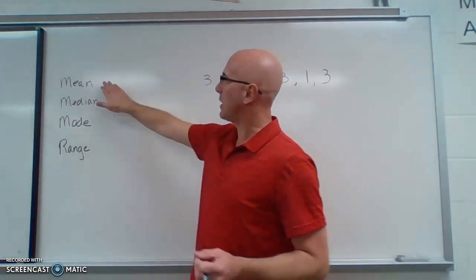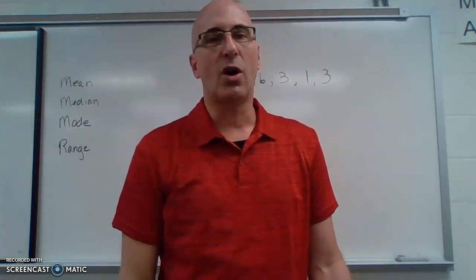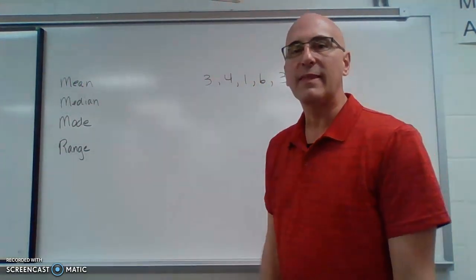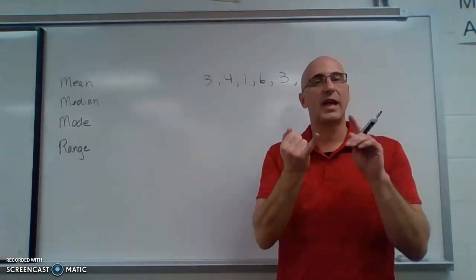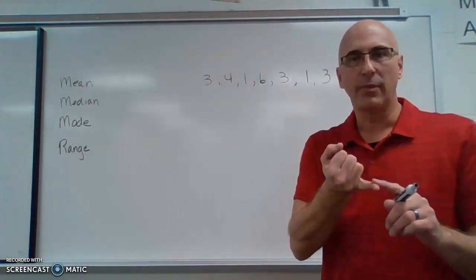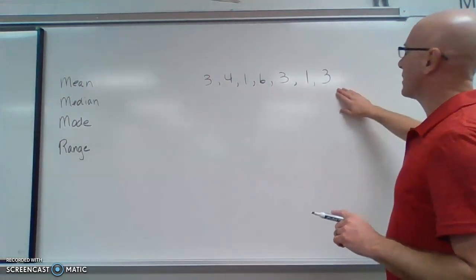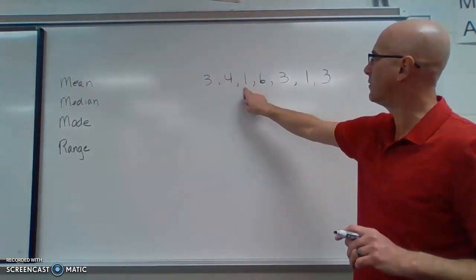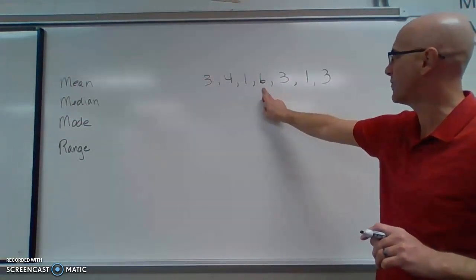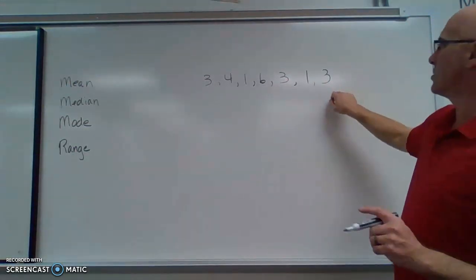The first way we can analyze this data is called the mean. Another name for the mean is the average. When we find the average or the mean of a set of data, we add all of them up and divide by the number of items that we have. So if I looked at this set, I'm going to start adding all of these together. 3 and 4 is 7, plus 1 is 8, plus 6 is 14, plus 3 is 17, 18, 21.